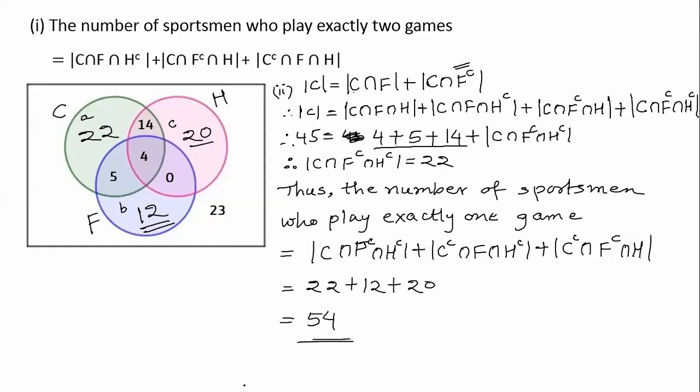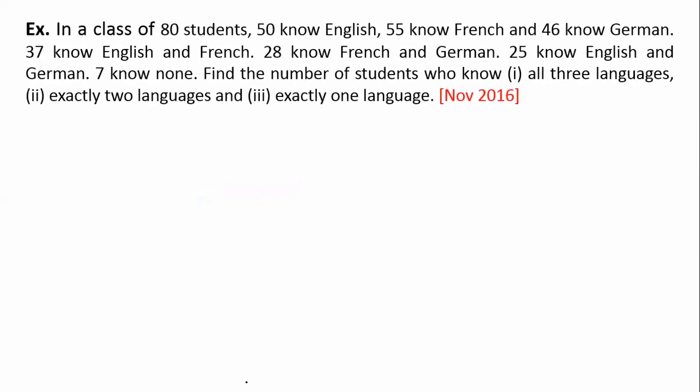So as such we can find. In effect, we will be very much comfortable if we have been using the concept of Venn diagram. This is one more problem, exactly identical, because I have been solving at least 3 to 4 problems. You can take a screenshot, and as this problem was asked in November 2016, I'm just reading it.